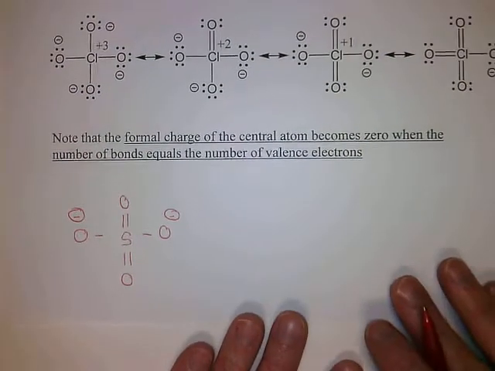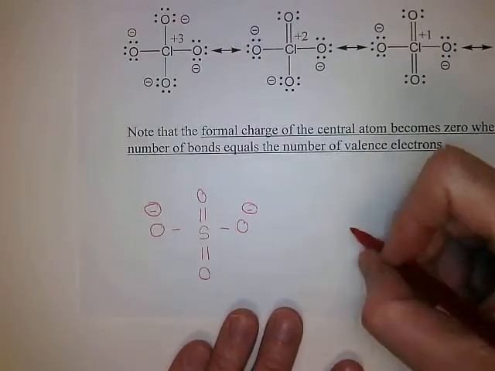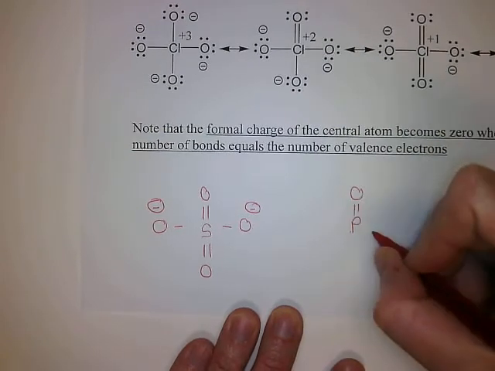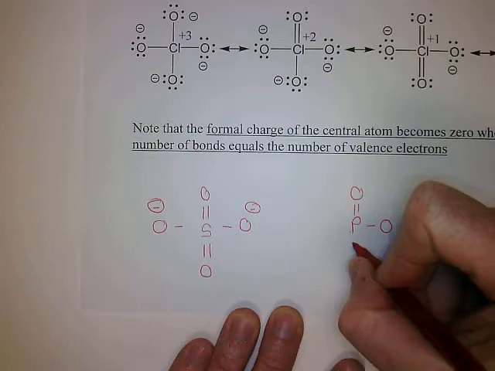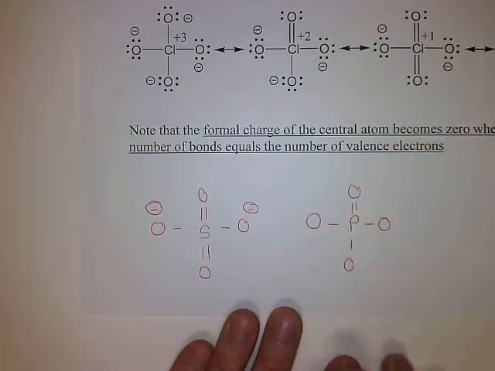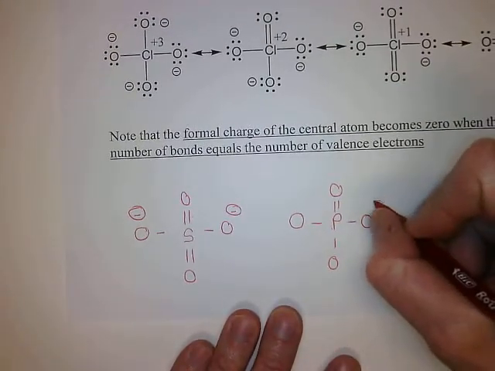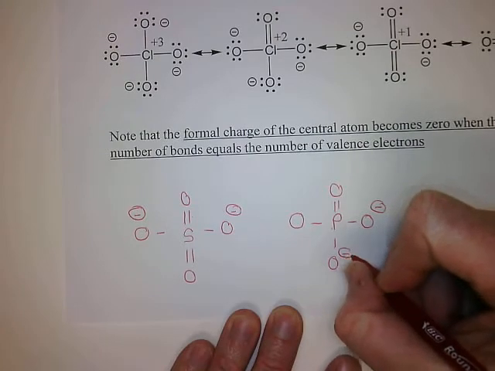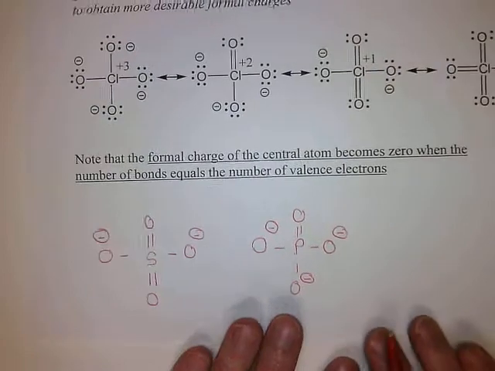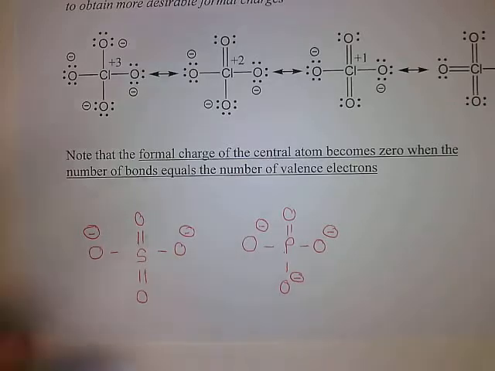And it's also the same reason, for example, with phosphorus. Phosphorus has 5 valence electrons. So the structure for phosphate is often drawn with 1 double bond and 3 single bonds, because that's the structure that gives phosphorus a 0 formal charge.